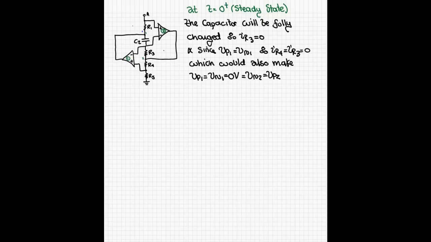Now at steady state the capacitor upper plate will be negatively charged, which means that the node A is at 0 volts, the upper plate is negatively charged, so there is no current flowing through R1. Further, it goes through the output pin of op-amp 1, which is very low impedance. So basically you have a very large current, which is only determined by R1, by the resistance, correct? So let's write that.